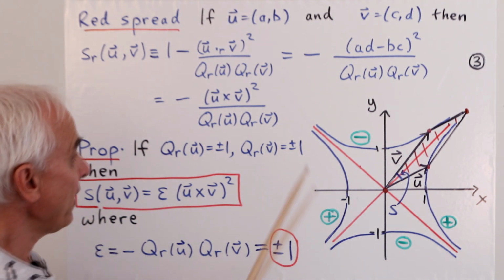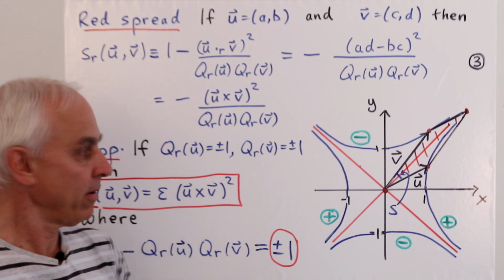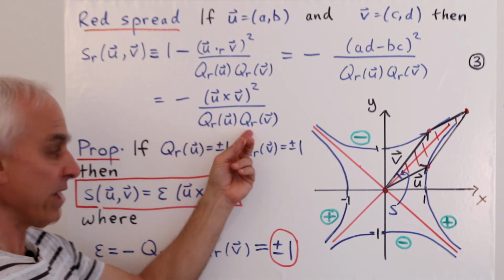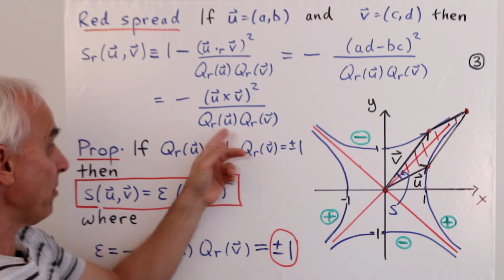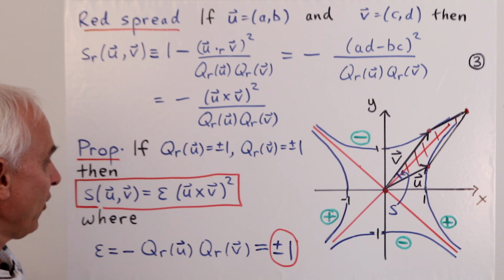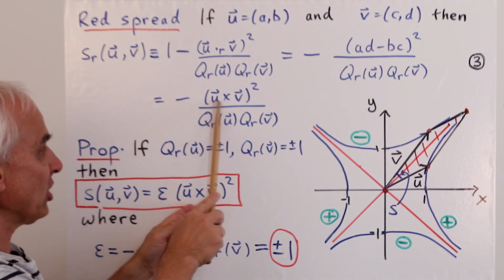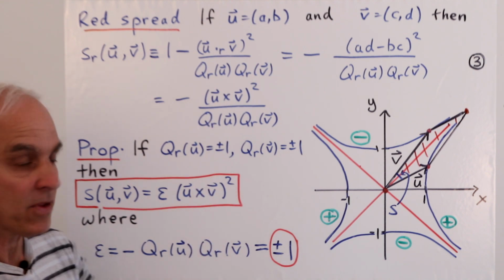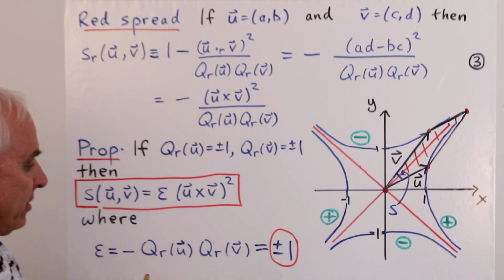That means this formula becomes quite simple, because this denominator is either going to be plus or minus 1, and combined with this minus sign, it's still going to be plus or minus 1. So the spread is basically just u cross v squared with a possible sign, denoted by epsilon.